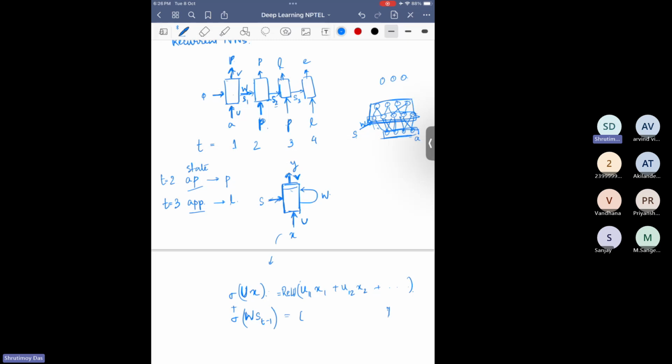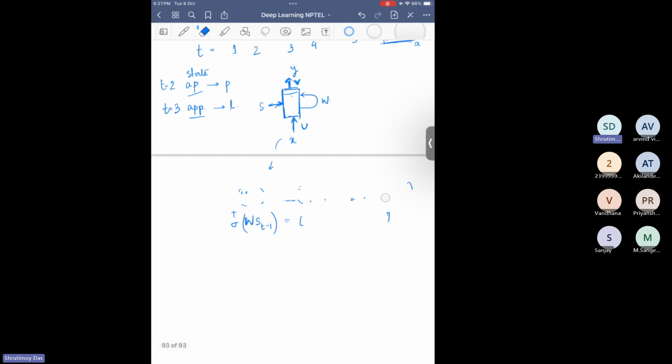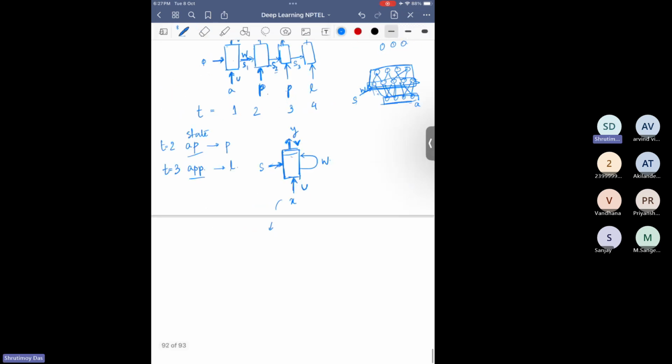So let's see an example for this. I will not go through backpropagation through time because that involves writing a lot of mathematical equations.